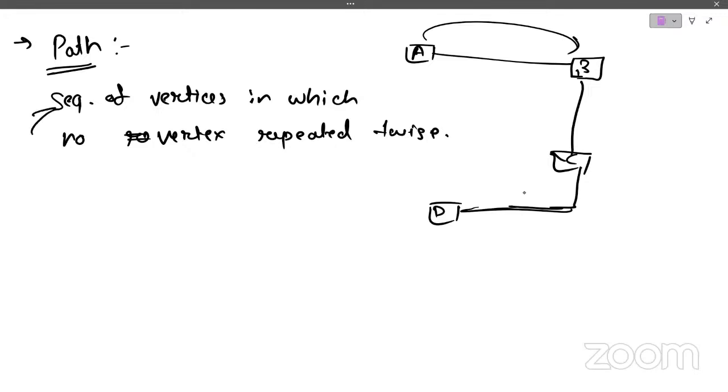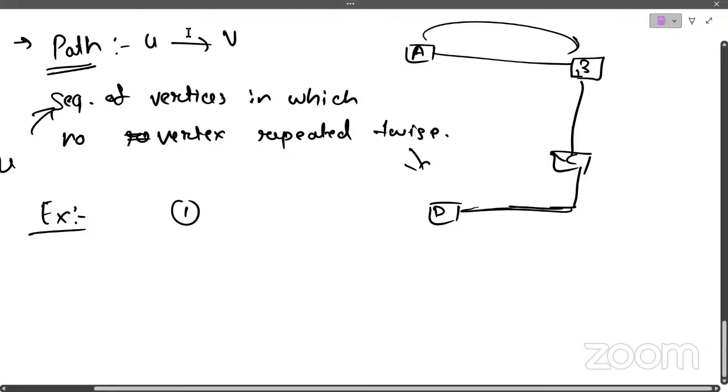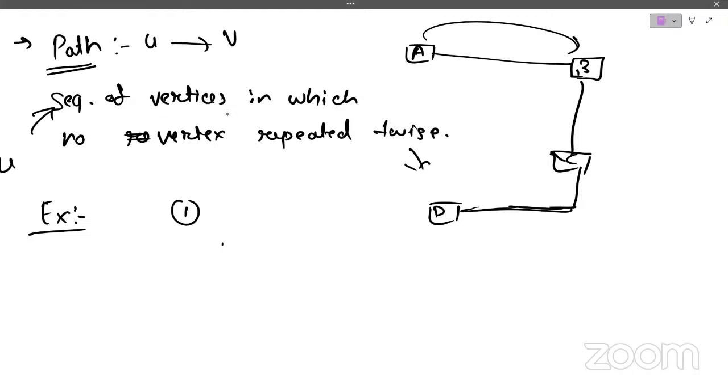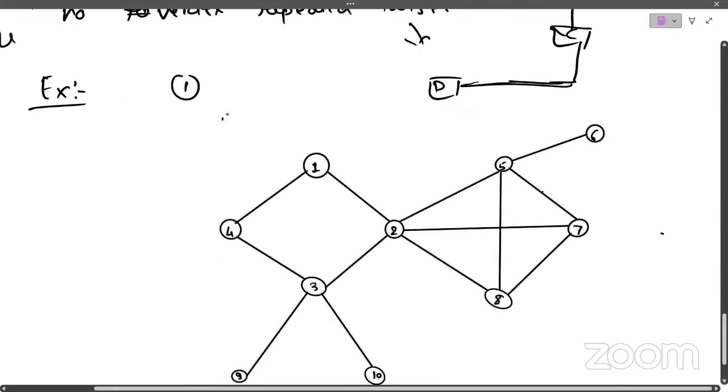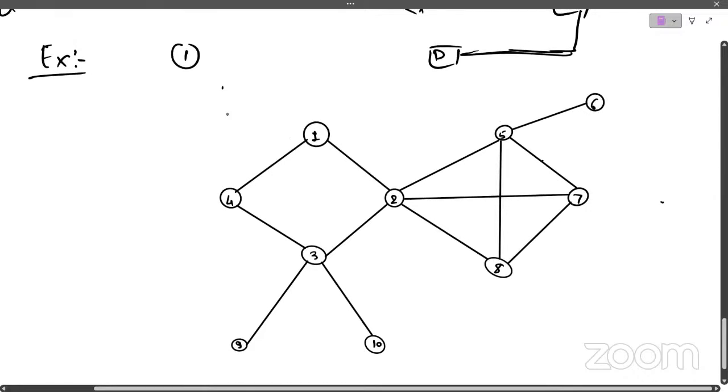And if a path started from U to V, a path from U to V is just a sequence of vertices in between them such that no other vertex is repeated twice. For example, suppose this is my graph, and I say that I want to travel from this vertex 6 to this vertex 9.